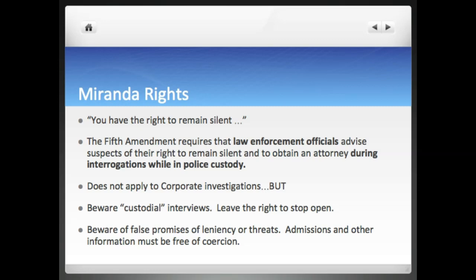But false promises, promises of leniency, like "if you cooperate with me, you get to keep your job", are a problem. Unless you are the person that is allowed to make that decision, that is a false promise because you can't guarantee it. If you say, "as long as you cooperate with me, you're going to get to keep your job," and the guy says, "okay, well, I've been stealing from you for the last 20 years, and by the way, I raped somebody last week in the coat closet, and I've been tainting our products and putting poison in them, and a lot of people are going to die," you're bound by that "you're not going to lose your job" comment.